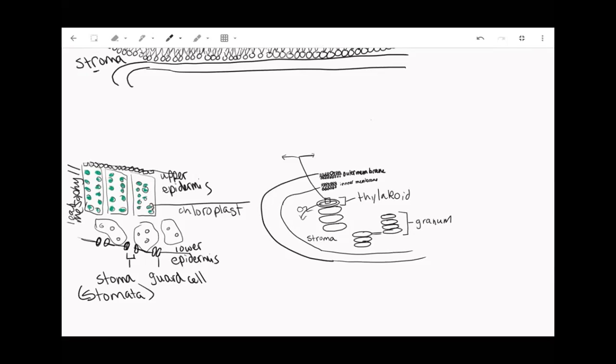Oxygen is a small non-polar gas, so it can diffuse right through that membrane. And we're here in these chloroplasts, and so now that oxygen has diffused out of the membrane, it will wind up in these air spaces, and at that point it can diffuse right out of the open stoma.